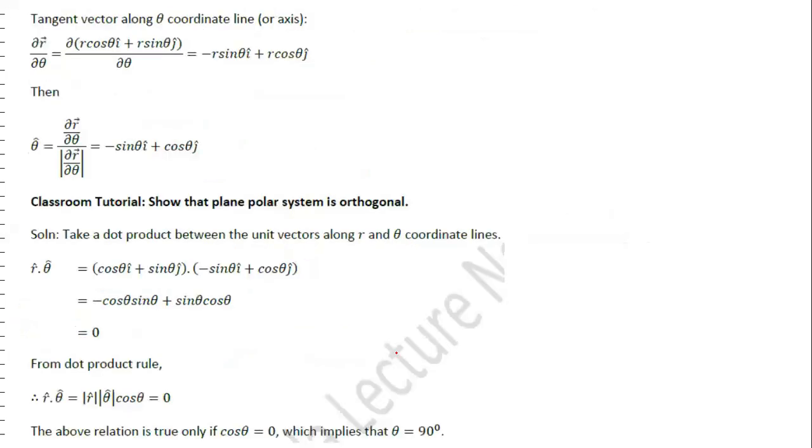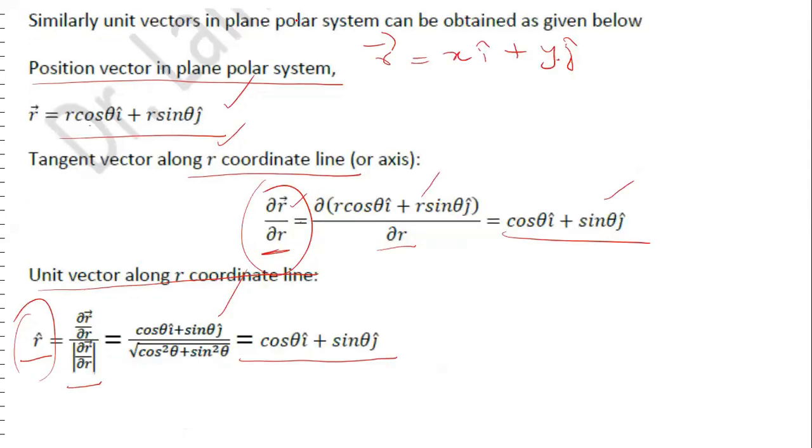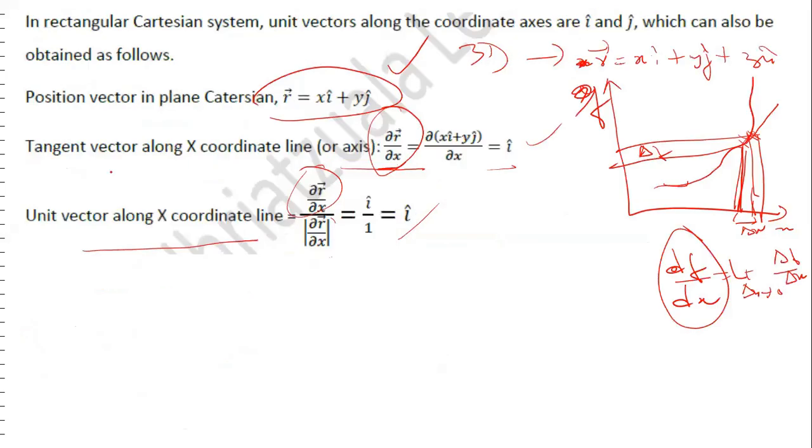And similar to that, you can find the tangent vector along the theta coordinate line. How do you find the tangent vector along the theta coordinate line? Use the same logic here. To find a tangent vector, you simply differentiate the position vector with respect to the coordinate variable. You get the tangent vector and then the corresponding unit vector, right?